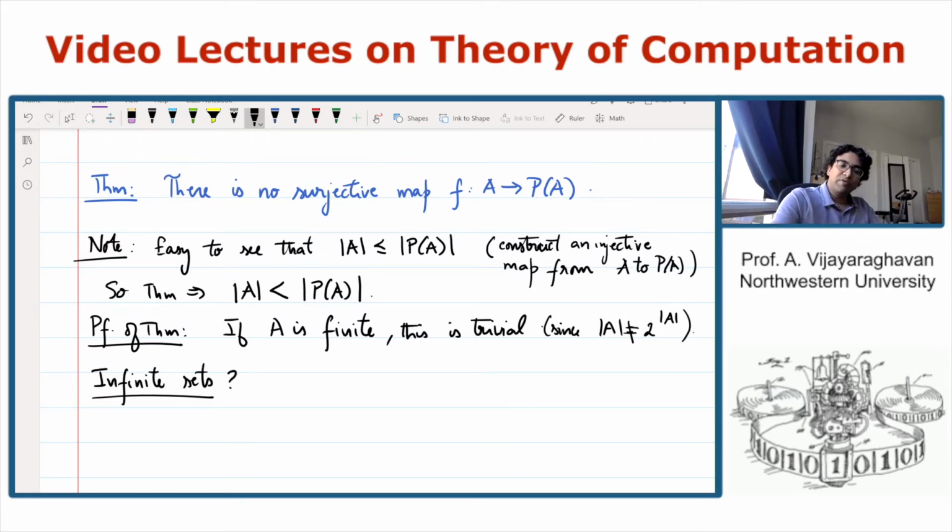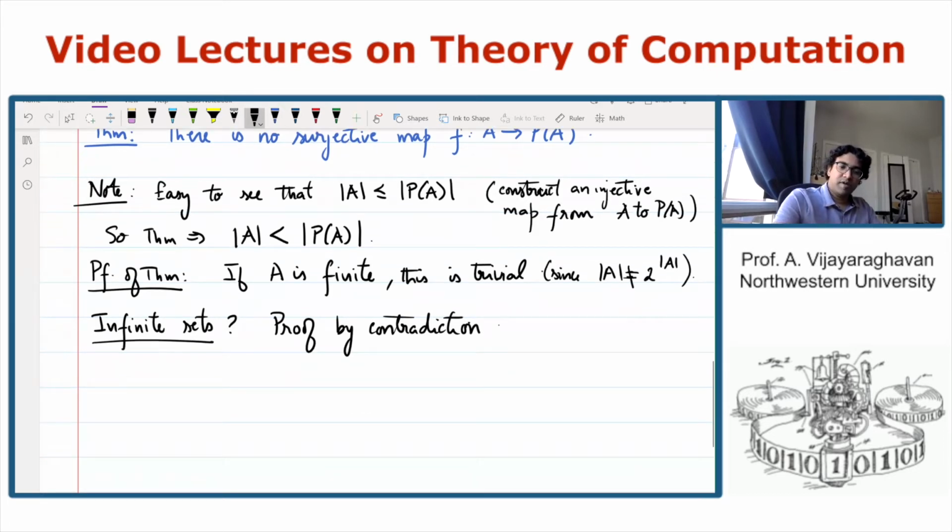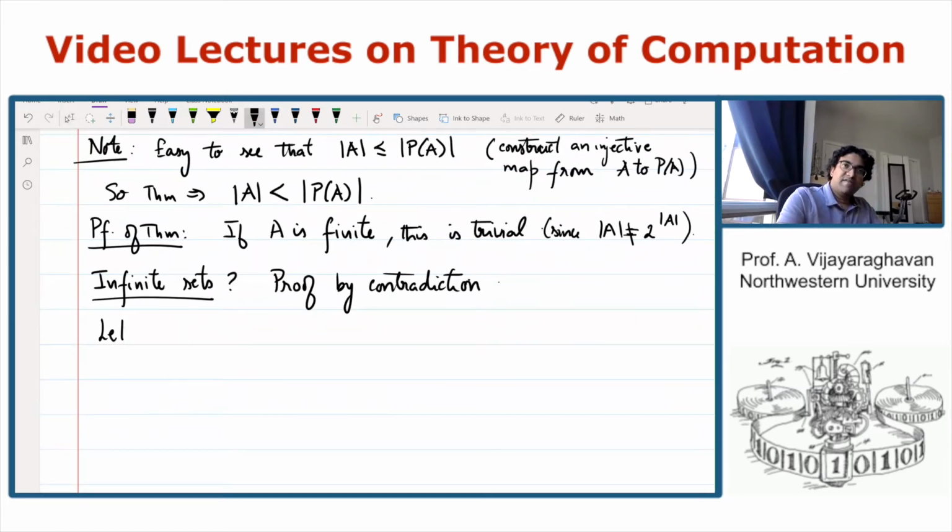Okay, we'll actually prove this by contradiction. So let's say that f be such a surjection, a surjective map. We're going to then contradict it.